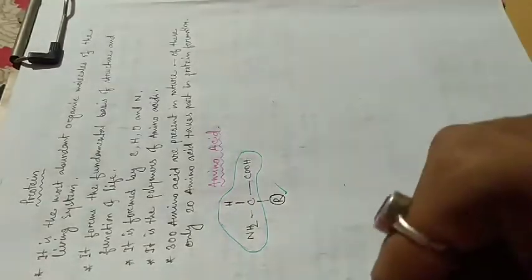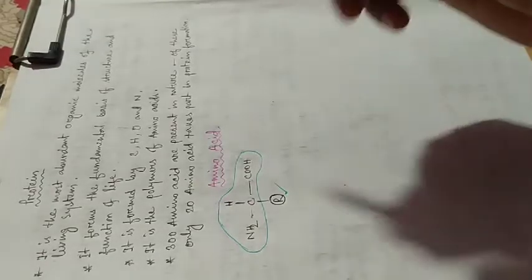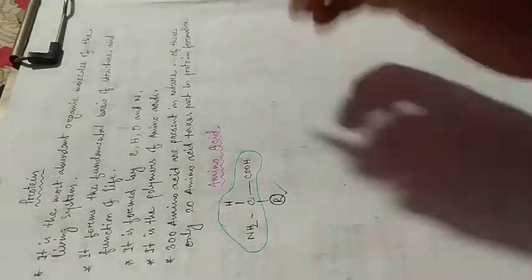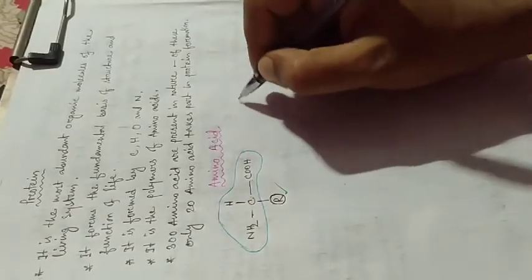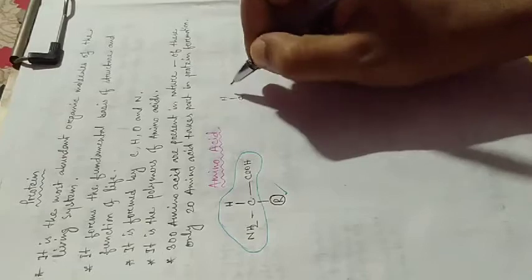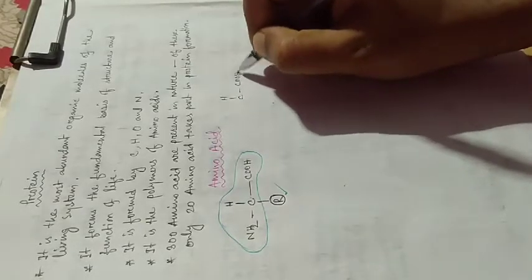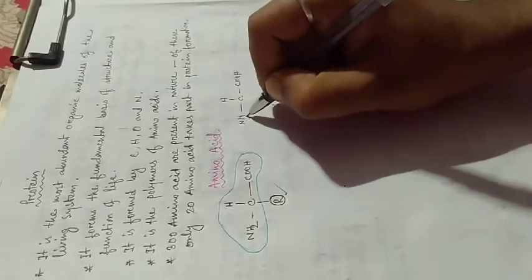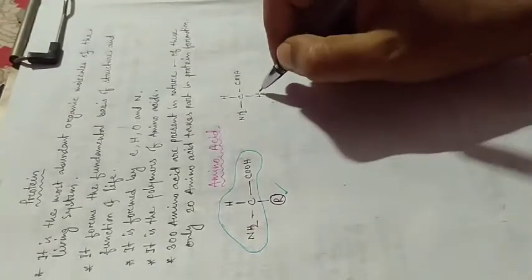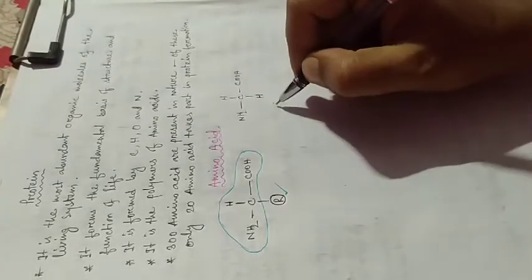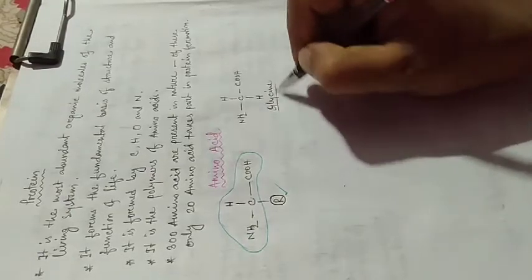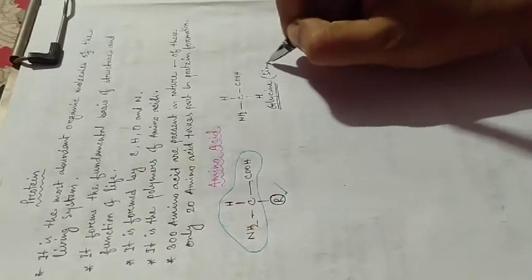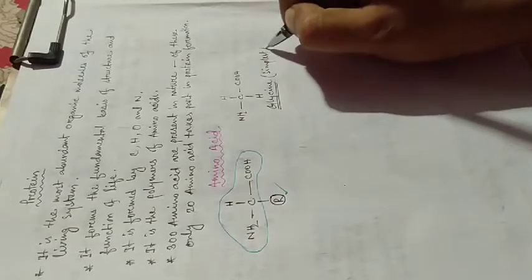As example, the glycine is the simplest amino acid, which has the structure like that: COOH, NH2, and another hydrogen only. Okay, that is the simplest amino acid, named as glycine.